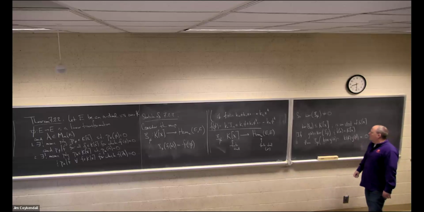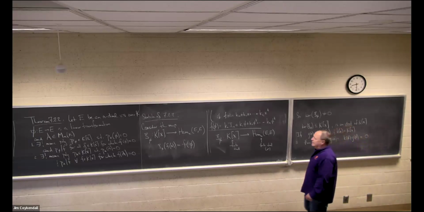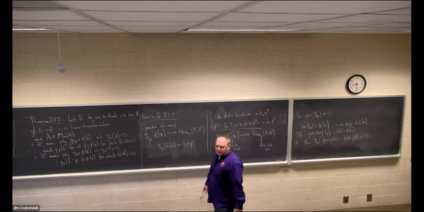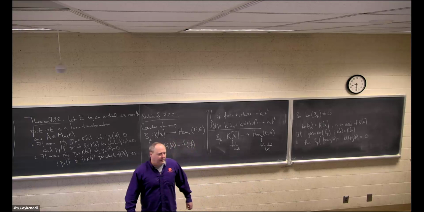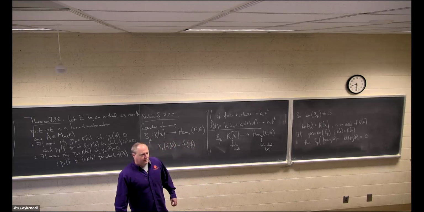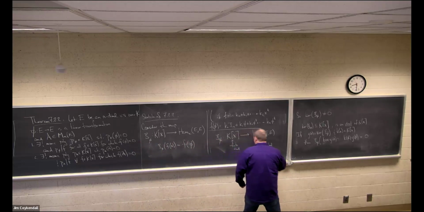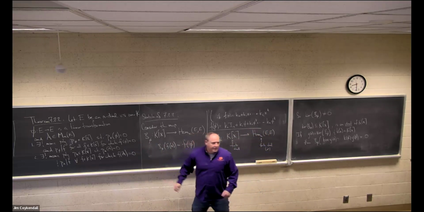And there you go, the kernel is an ideal. And what is the structure of K[x] as a ring? It's a principal ideal domain. K[x] is principal.